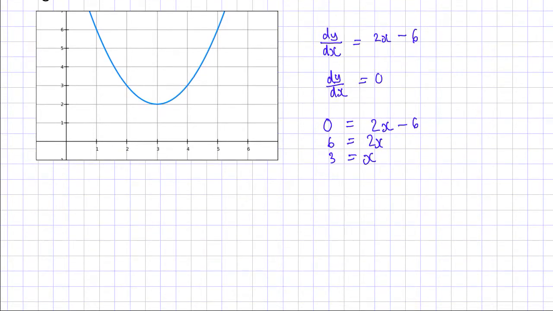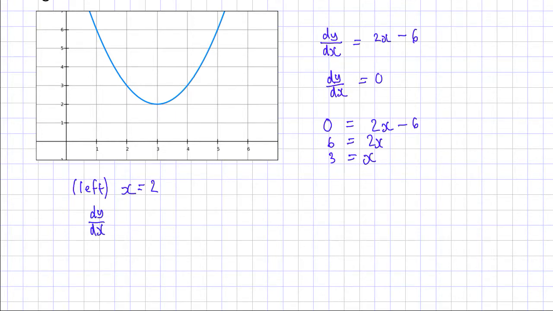So I'm going to look at the left hand side. So on the left of x equals 3, I have x equals 2. So I'm going to write x equals 2 here. Now what is the gradient at x equals 2?